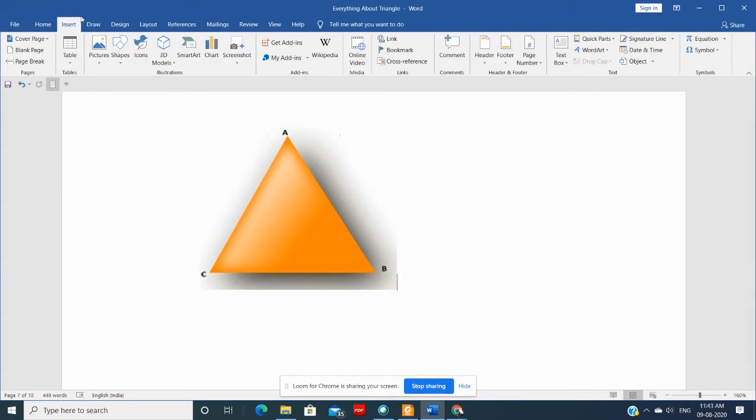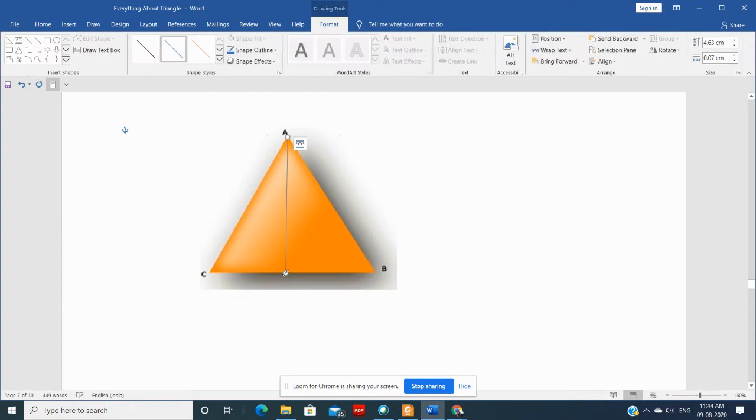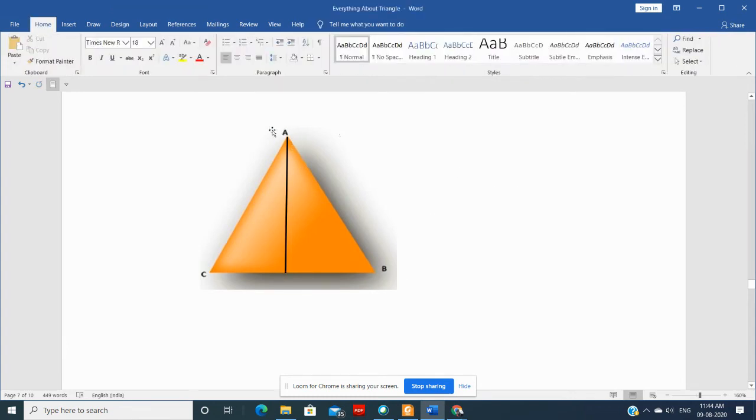Now, look at this. If I take a perpendicular line, let me make it darker. Okay, so if I draw a perpendicular line from this vertex A towards the base CB. Now see this.